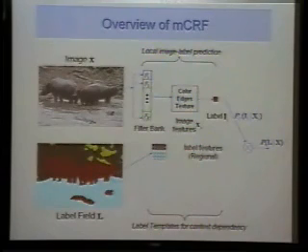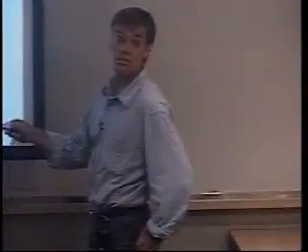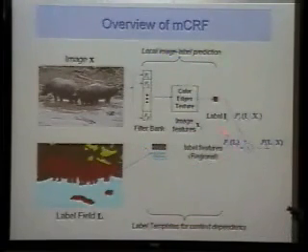So this might be one of a learned set of label features. We're going to learn a whole vocabulary of these, and those are going to be combined. We're going to get some distribution over this portion of the label field based on these features, and those are going to be combined with the information that we got from the patch itself.